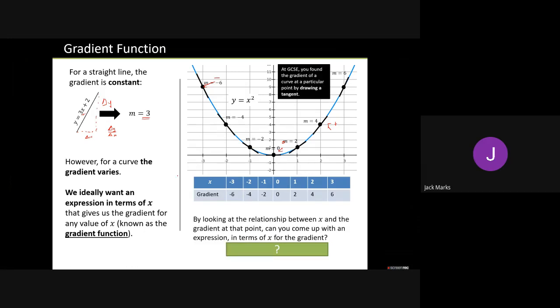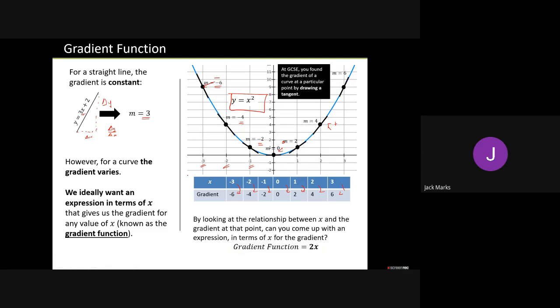So just by looking at patterns, what's the connection between this and how we are using our x values to get these gradients? How are we finding these here? There's a simple connection you might see, but you're not sure why it works at the moment.